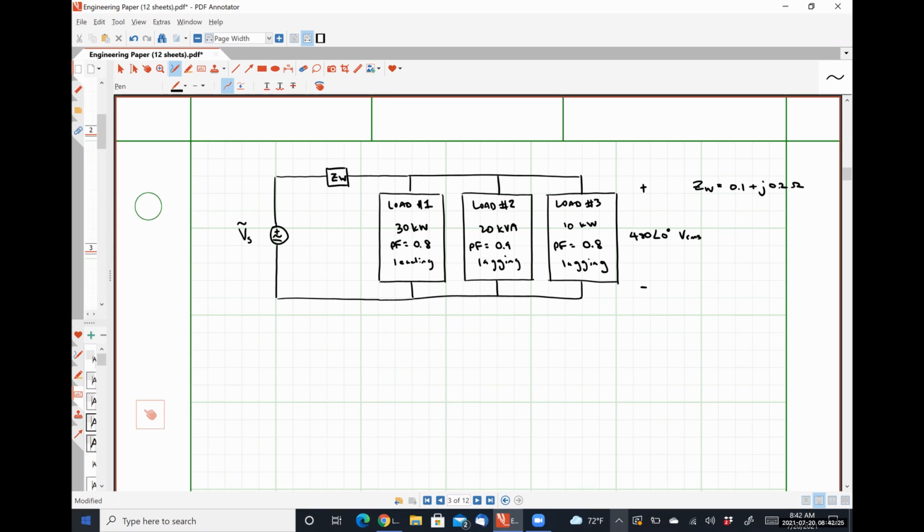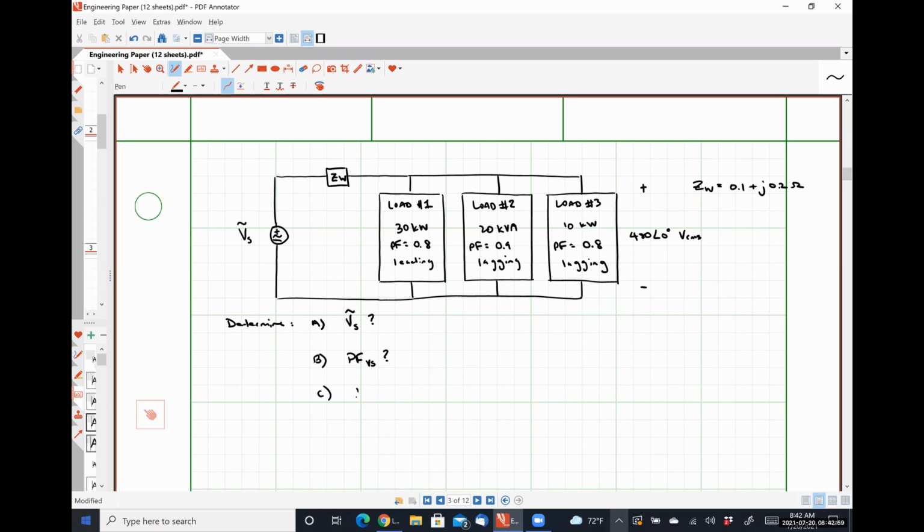We want to find that source voltage based on the information that we're given. We want to find the power factor at which the voltage source is operating.